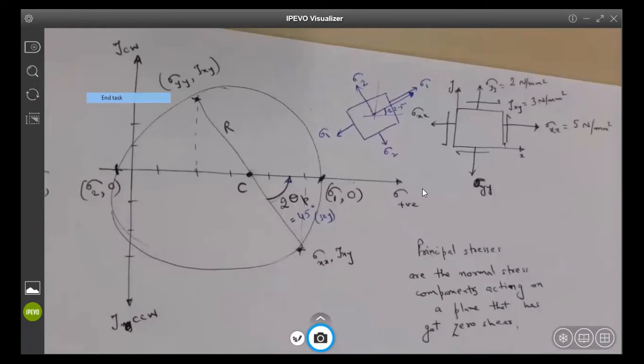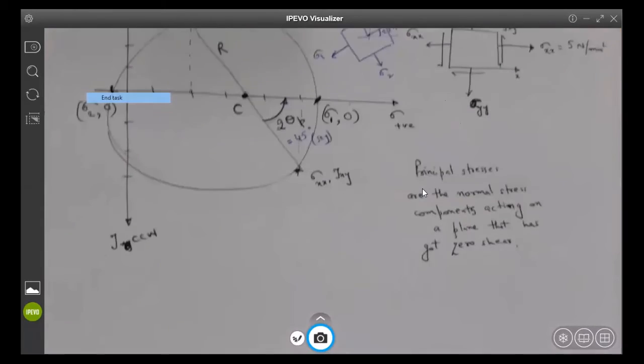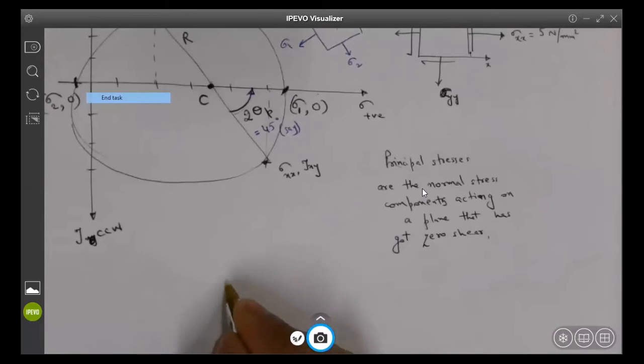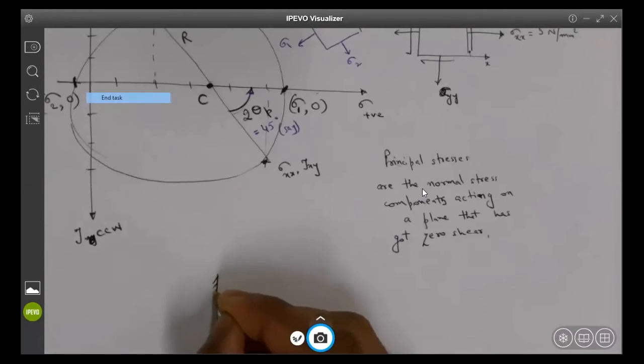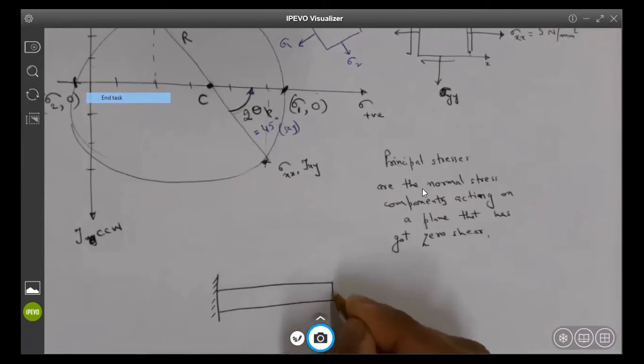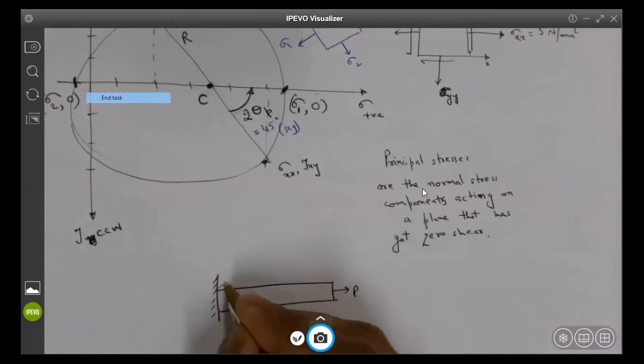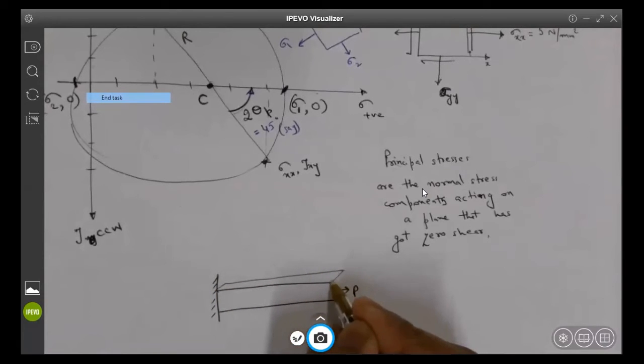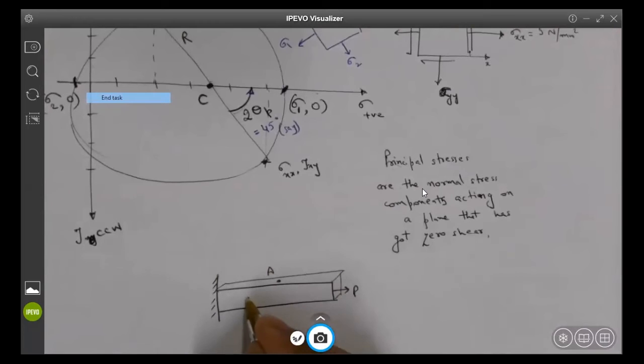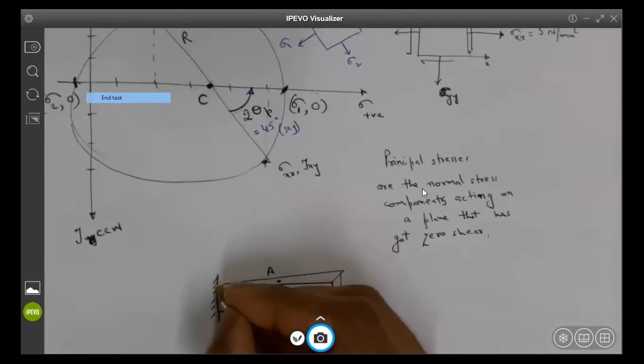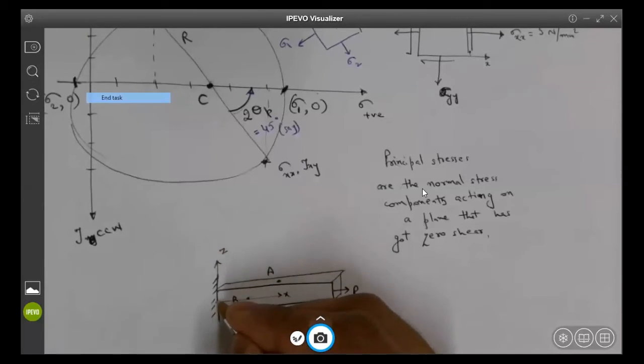Okay, so now I come back to our original question. If I have a uniaxial load case like this, and I have this representation of stress at point A and at point B, this is your x axis, this is your z axis, and this is your y axis.